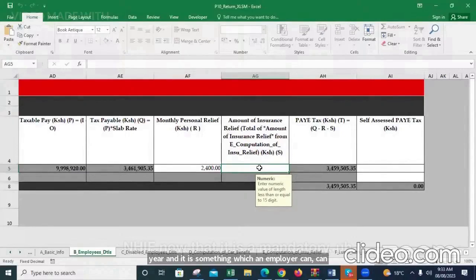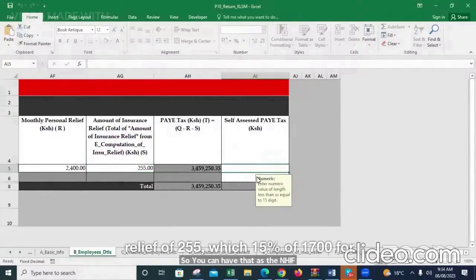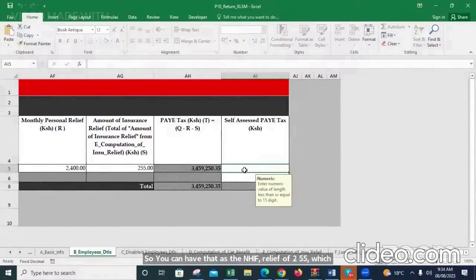Let me use the example of NHIF, now a mandatory social health insurance for everyone. This person is probably in the 1,700 category. We are yet to have the new rates implemented; they're still under discussion. So it will be 1,700 multiplied by 15%. You only allow 15% of the insurance premiums paid up to a maximum of 5,000 per month or 60,000 in a year. So you have the NHIF relief of 255, which is 15% of 1,700. And then, of course, now the PAYE.